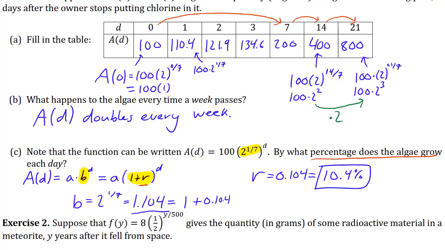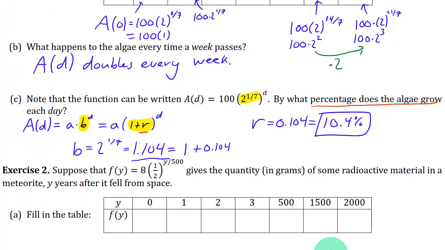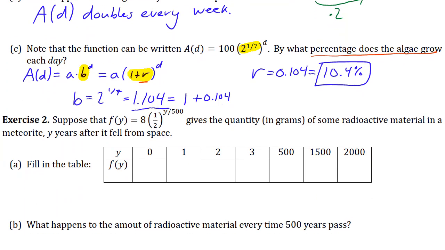That's what 6.2 was all about, was a relationship between increasing it by 10.4% and writing this as b equals 1.104 to that power. Okay, so that's the percent growth rate, is 10.4%.